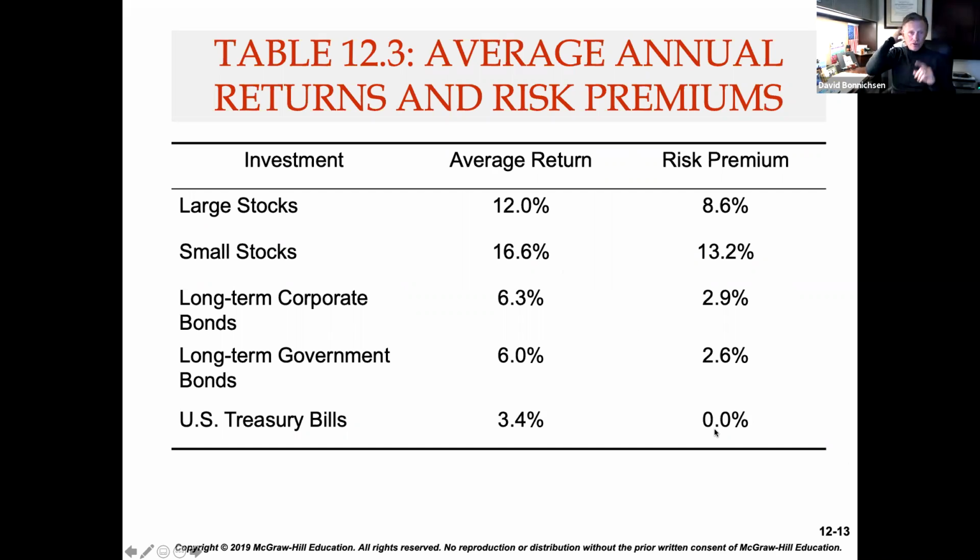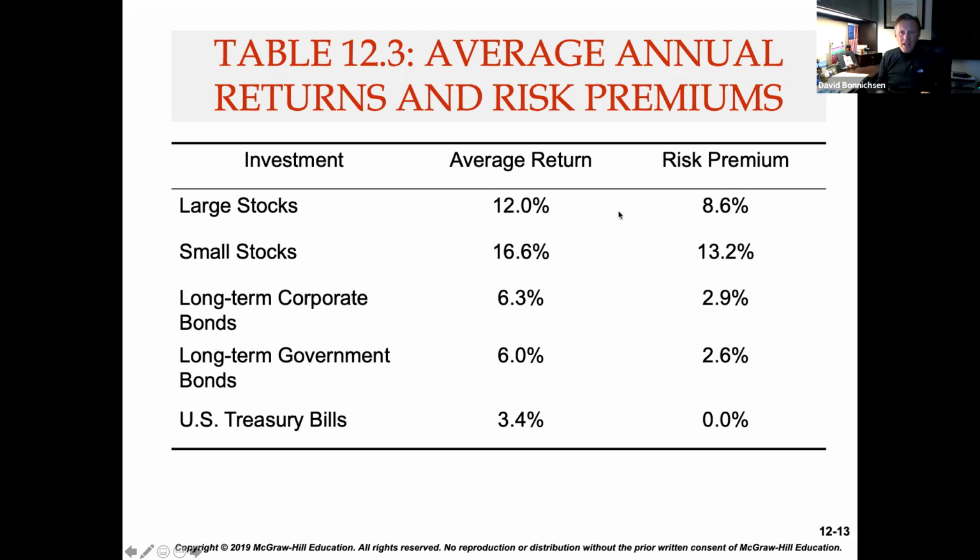All right, and you need to start understanding that concept because we're going to continue to come back to the risk premium in this lecture and the next 2 lectures. So the risk premium is simply the difference between the actual rate of return and the risk-free rate of return. When we look at the risk premium for the large cap stocks, 12% minus 3.4% is 8.6%.